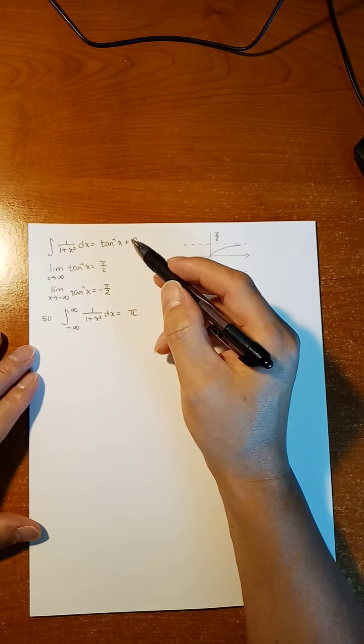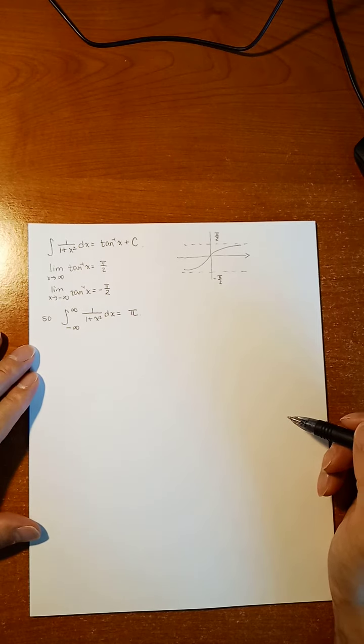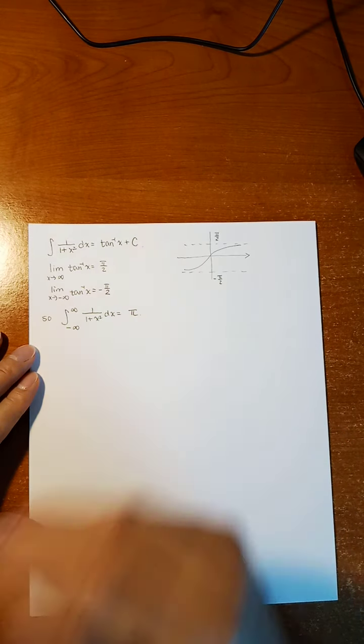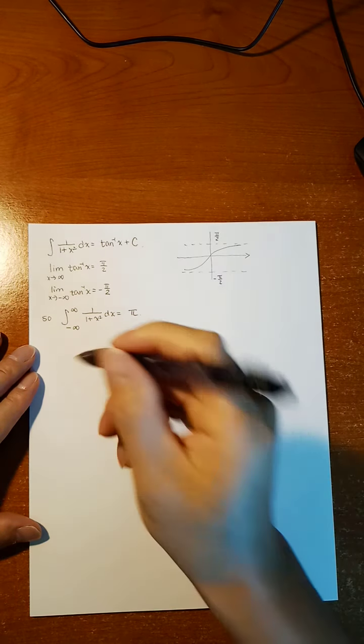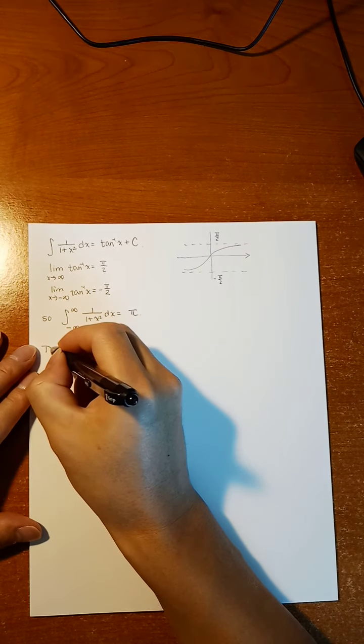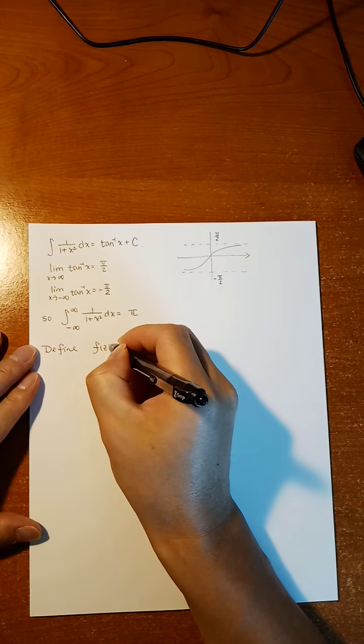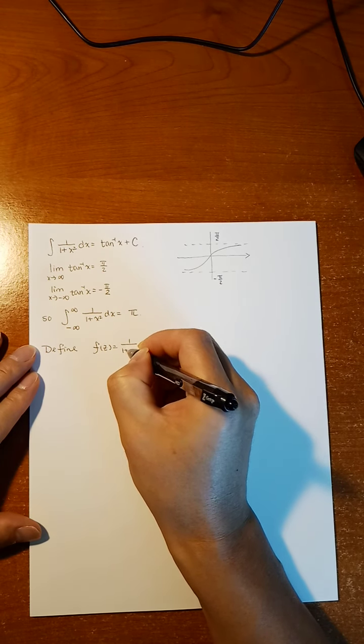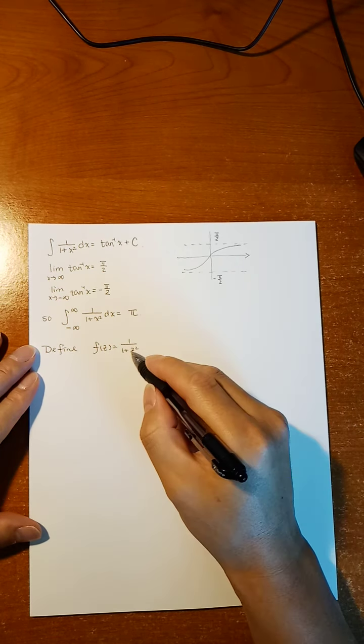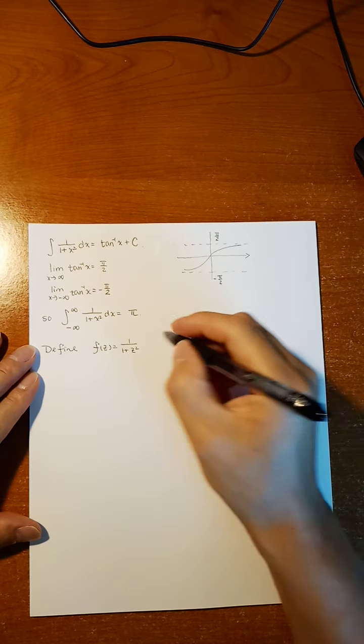Now let's apply our residue theorem to this. We define f of z as 1 over 1 plus z squared, and it has two simple poles.